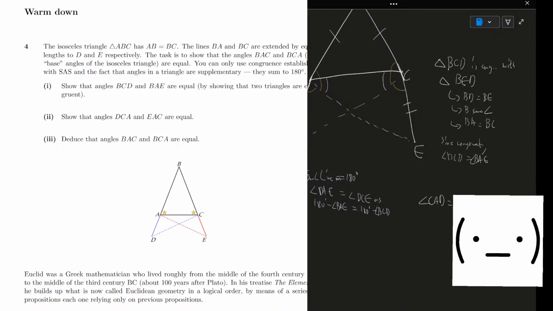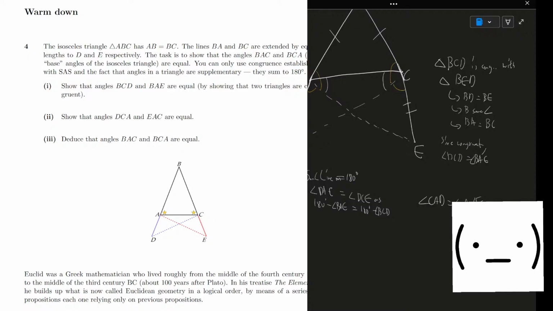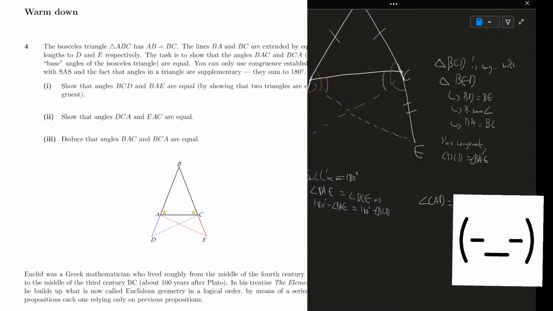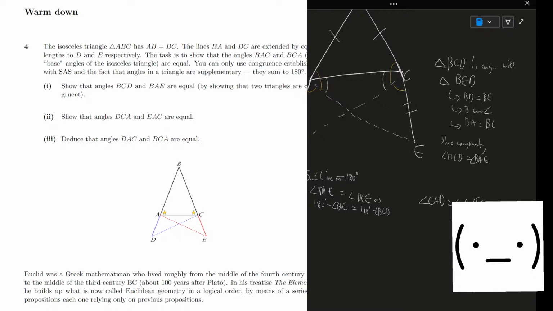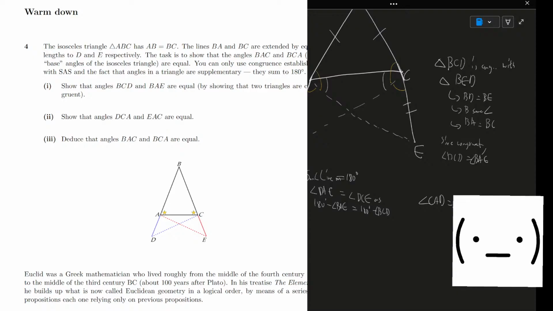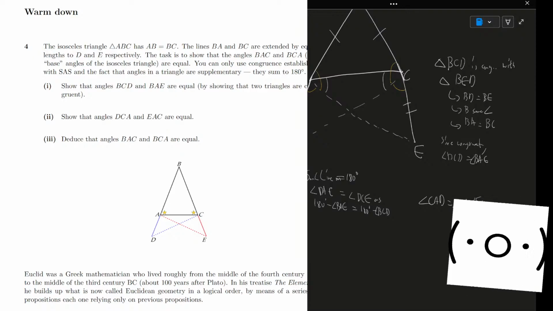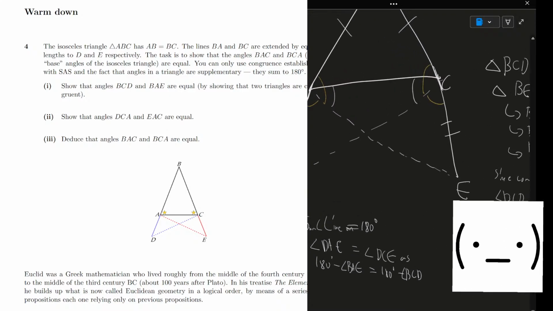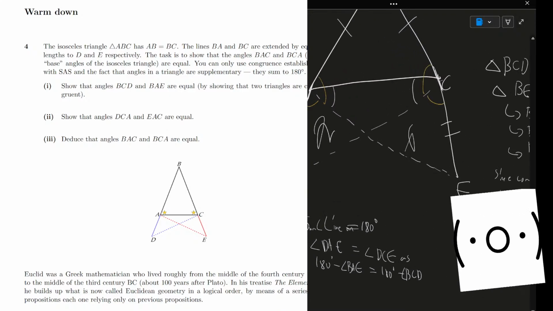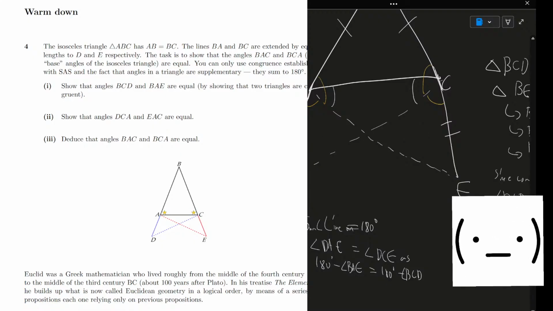So I suppose we could try and work out if this is congruent with this, but I don't see how that would help.